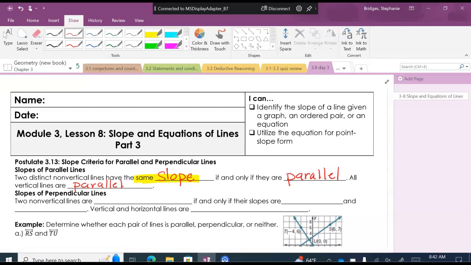And then the next one, slopes of perpendicular lines. Two non-vertical lines are perpendicular if and only if their slopes are opposite signs, meaning one positive and one negative, and also reciprocals of each other.